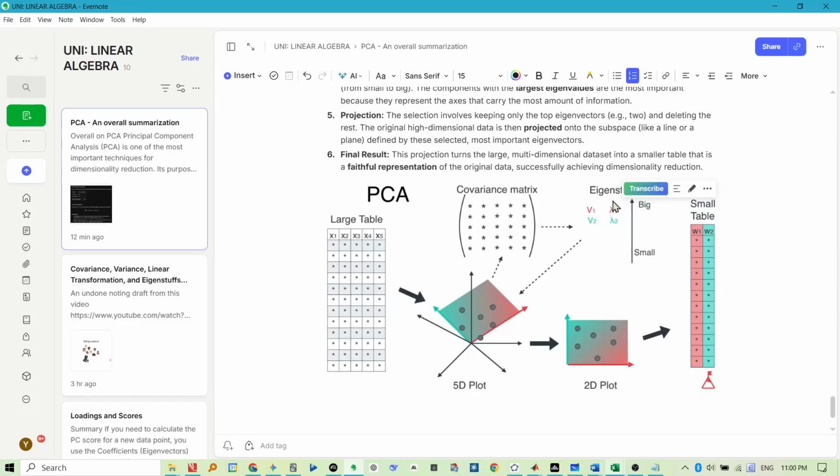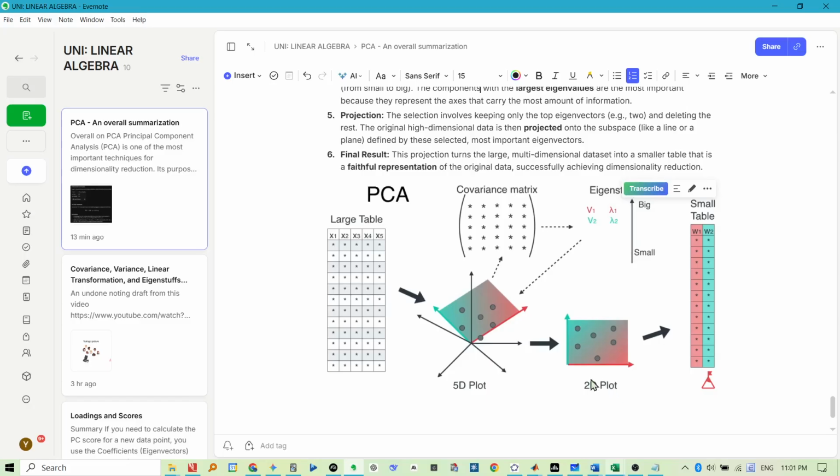So we'll choose k eigenvectors based on the size of their eigenvalues, and then we will project all these data points onto our new coordinate system created by the eigenvectors.